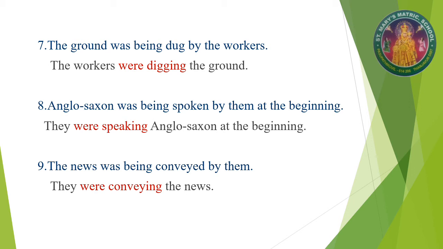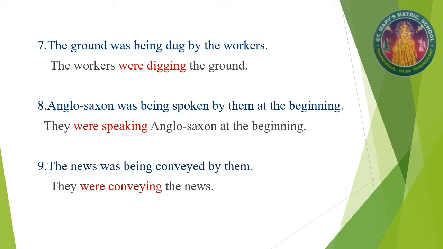The workers is the object. Now change the sentence. The workers, write as it is. Object is converted into subject, the workers. It is a noun form, so no need for changes to take place here. Now see the tense form. Here the ground was. The ground, it is a singular, so here you have written was. It's a past tense, past continuous tense.